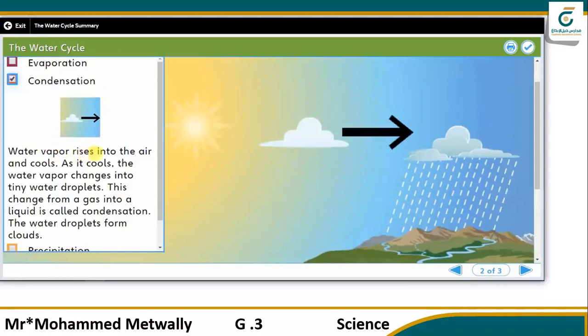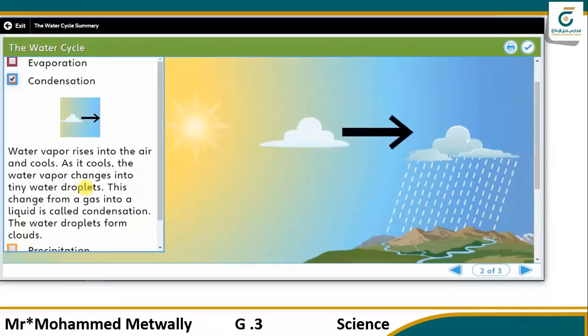Water vapor rises into the air and cools. As it cools, the water vapor changes into tiny water droplets.